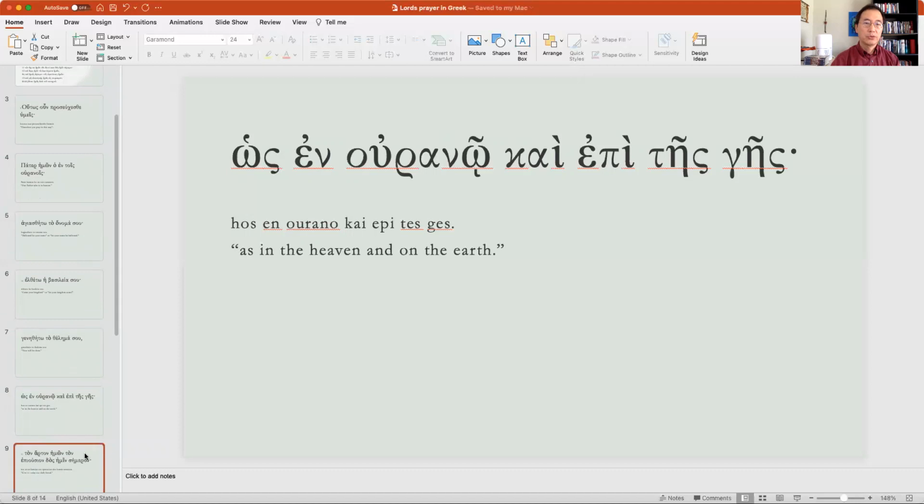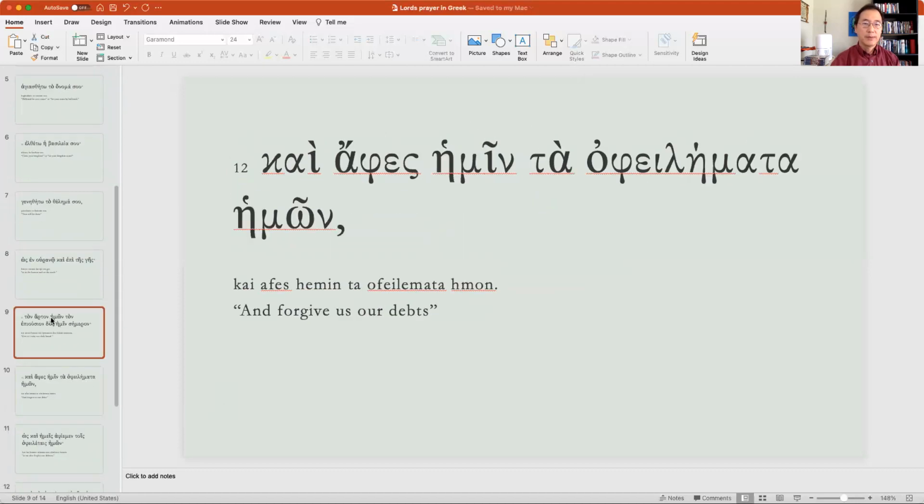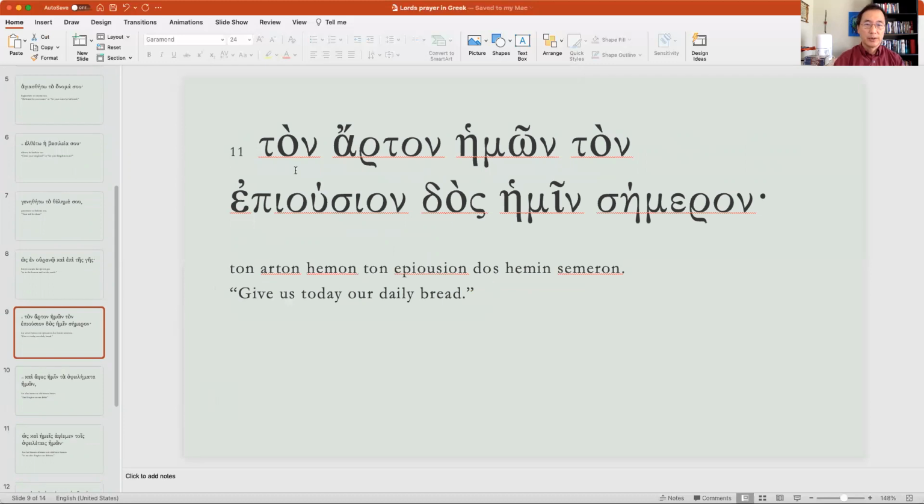Now let's go to the next one. Verse 11 here, okay. Listen first. Ton arton hēmōn ton Epiousios hēmin semeron. Okay, repeat after me word by word.